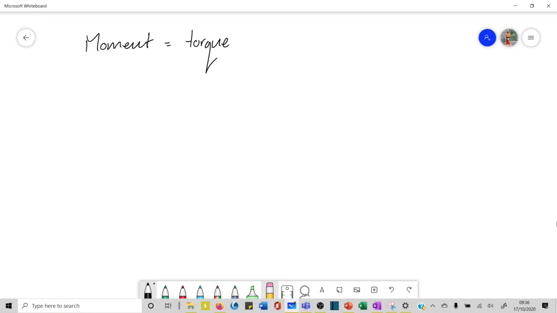If we say we had a spanner, and then in that spanner we had a nut, and if the spanner was this small, we would maybe require X. Let's put Fx, force X. We need a force with, it's an indeterminate amount is X, but it doesn't matter at this stage.